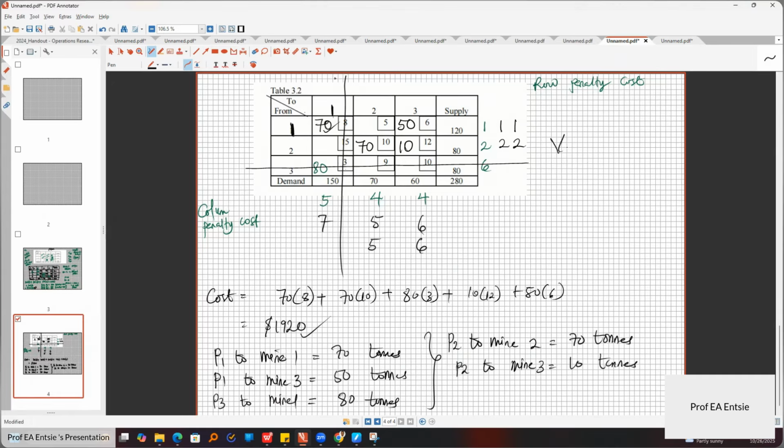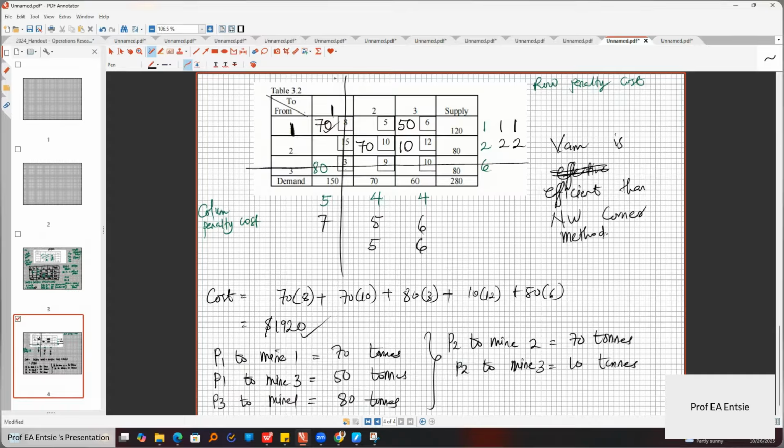So normally we say the VAM is effective, or no, let me use the right adjective. VAM is more efficient than the northwest corner method.